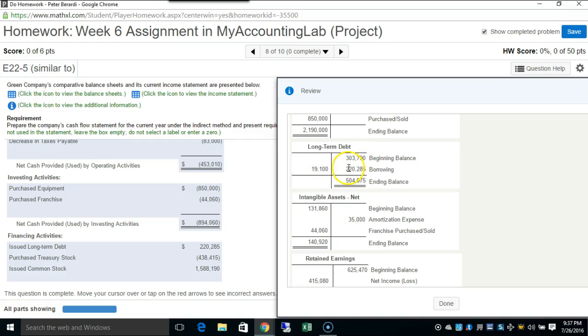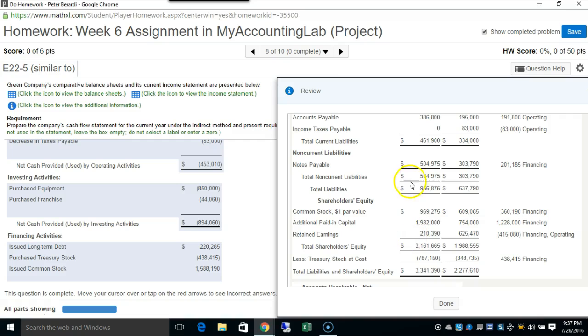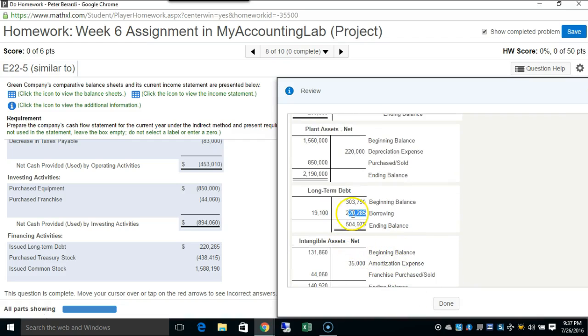Therefore, your borrowing is the difference, because to get to your ending balance of $504,975, you need to take your borrowing, which is the plug, of $220,285. With that $220,285, we increase long-term debt, we borrowed money, therefore we increase cash flow.